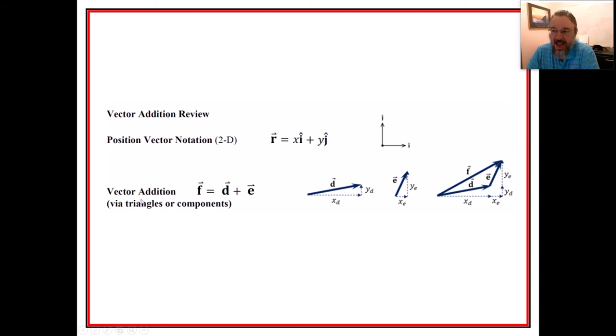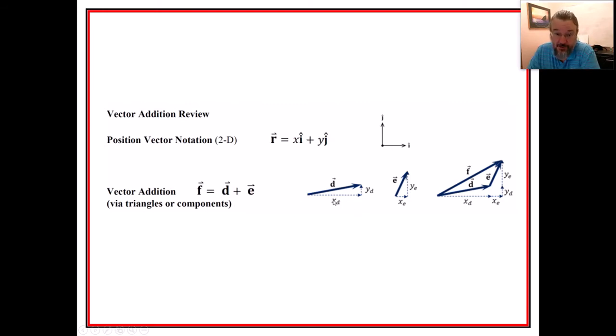And if you're going to add 2 vectors together, you can either use triangles or components, right? The triangles are good, but I think that they're more suited as a confirmation of some work that you're doing. We could always break any vector down into its components in whatever coordinate system we happen to be using.